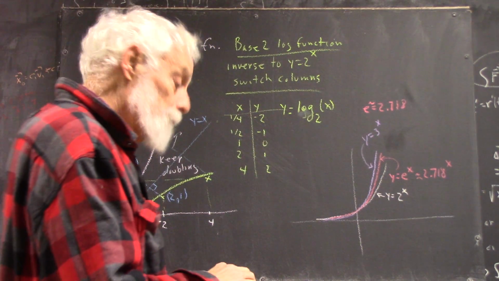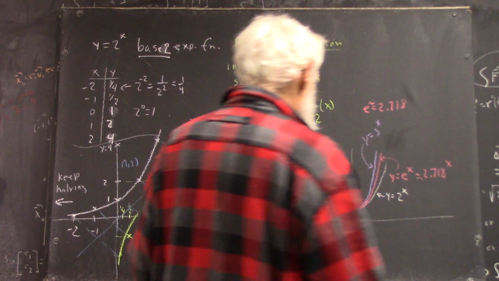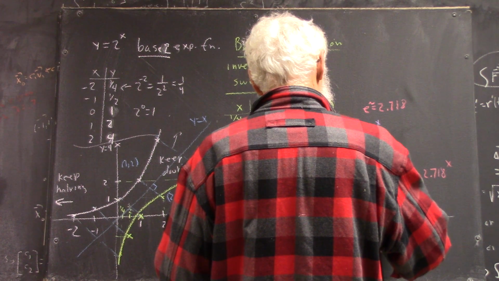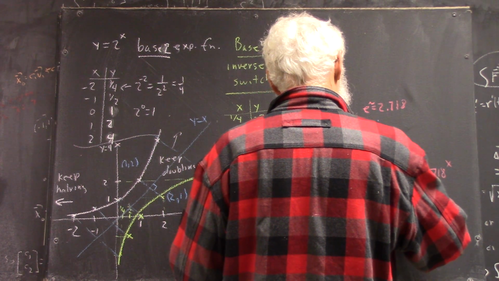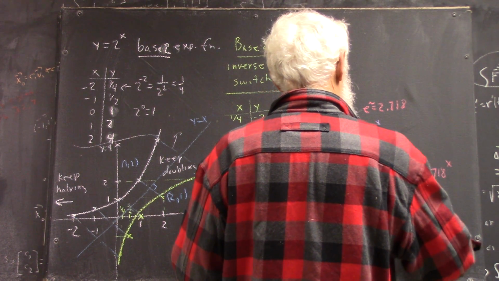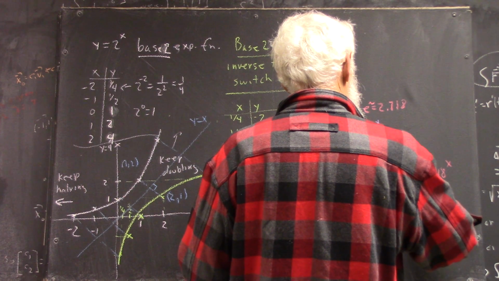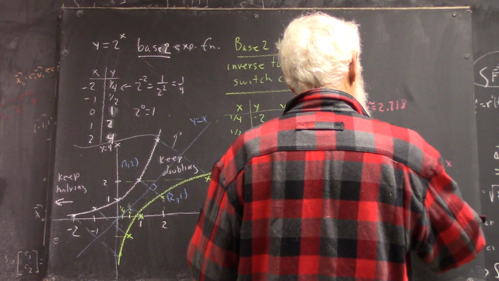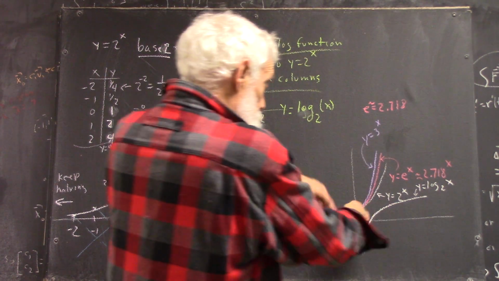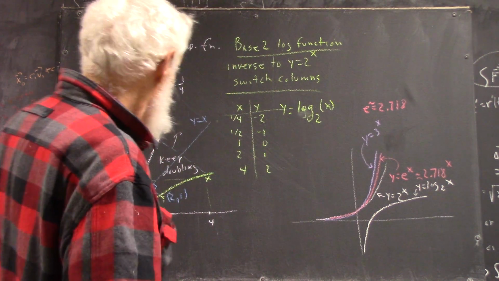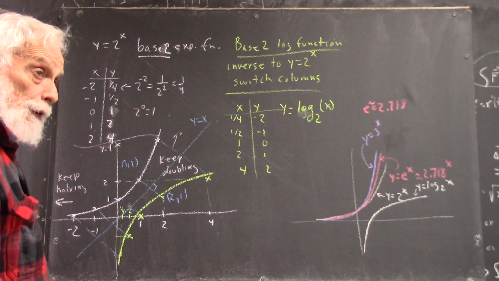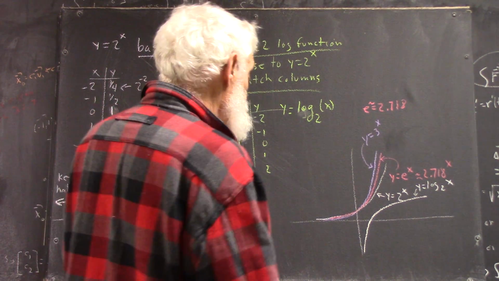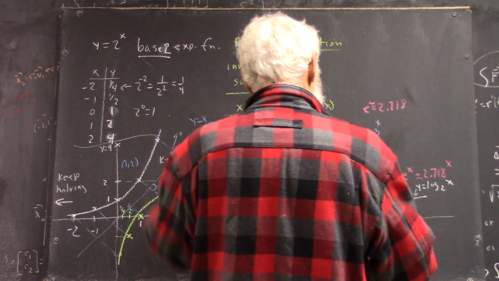Now the logs, I hope this comes out kind of okay. This is y equals log base 2 of x. You just reverse the coordinates like we did, and you understand why the graphs look like they do. And you can draw a more careful graph. Again, I recommend that you do. Y equals 3 to the x.